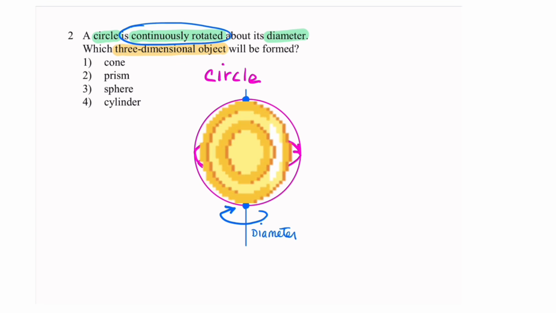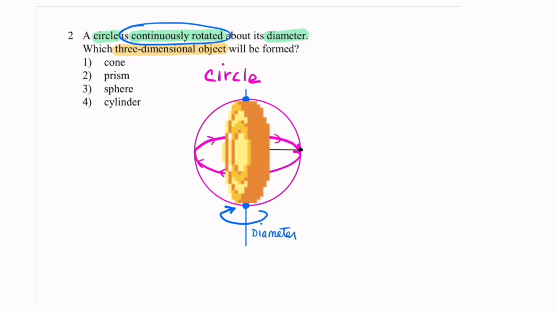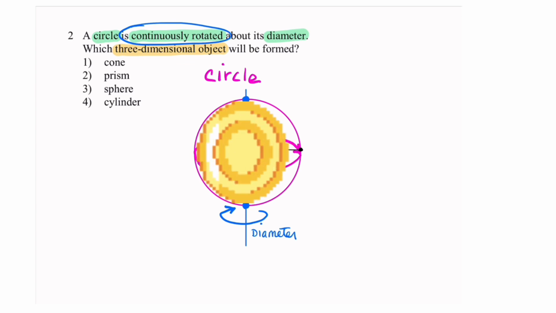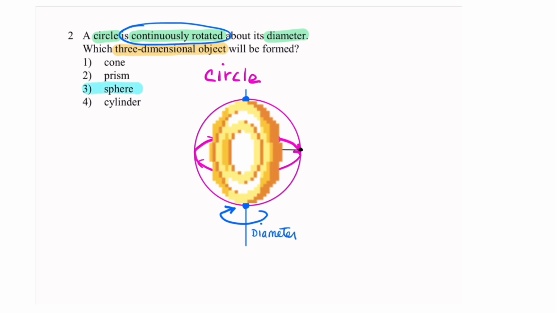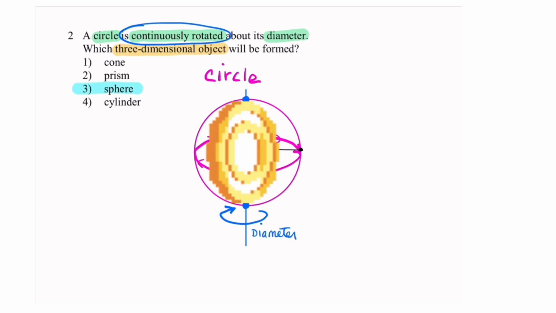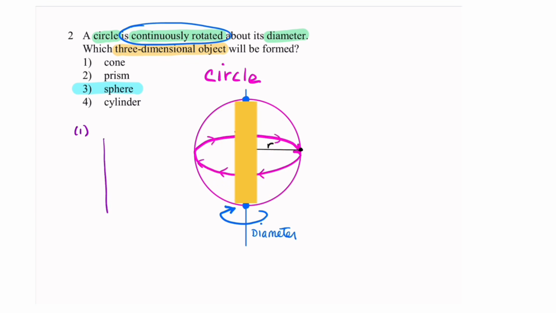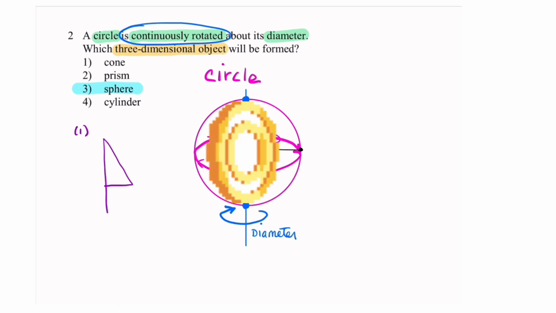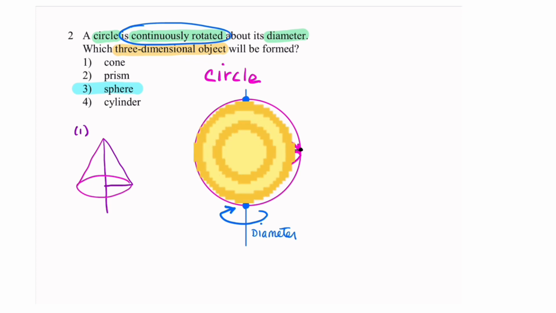What is it forming? If you guessed a sphere, you are correct. What about those other choices? What kind of object would have to spin to give us a cone? That would have to be a triangle.